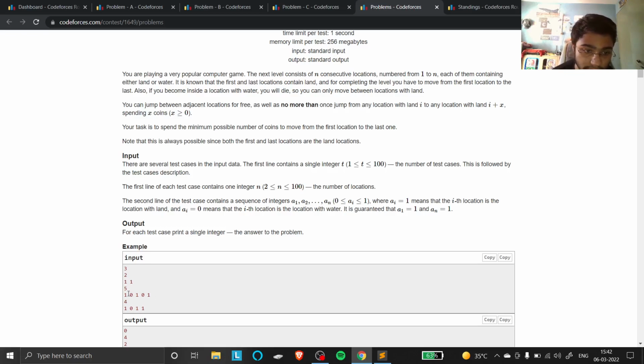Here the land is 1 to 3, spending x coins. 2 coins it had moved to move from first location to the last one. Note that it is always possible, since both the first and last location are land locations.